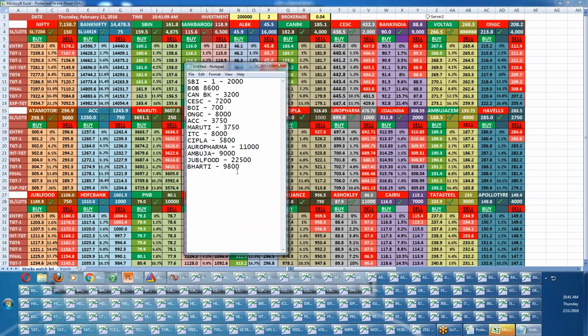So that's around 1 rupee 40 paise, that's 7,000 lot. So that's around 9,800.